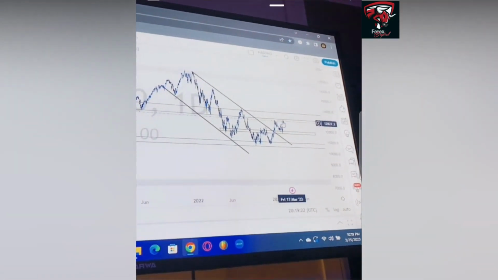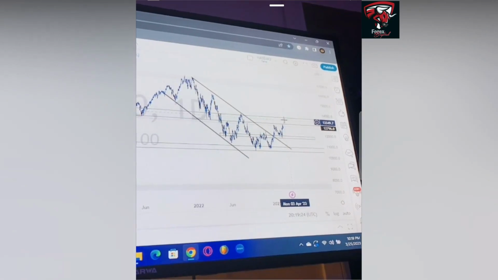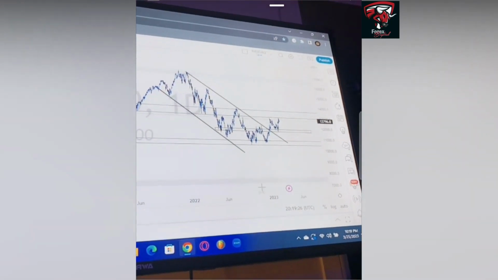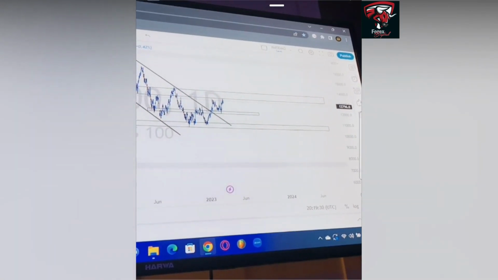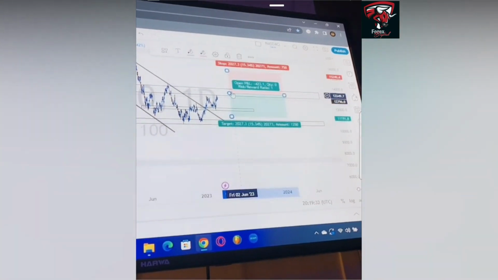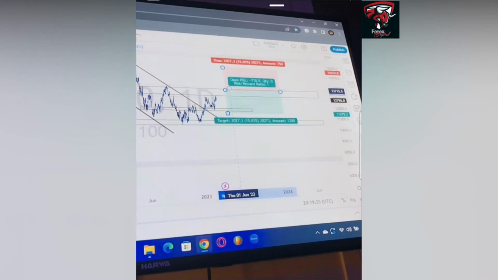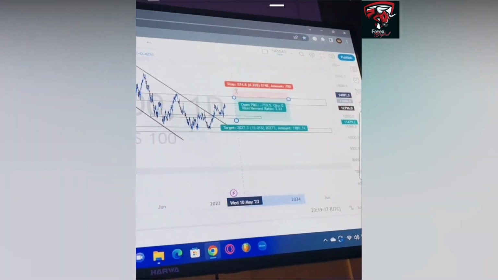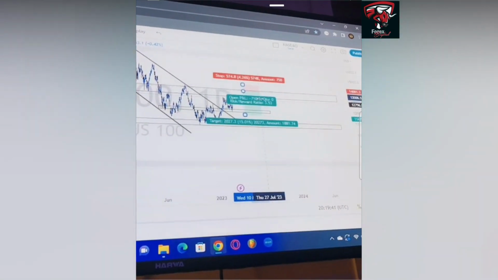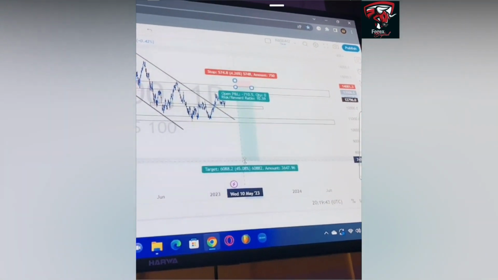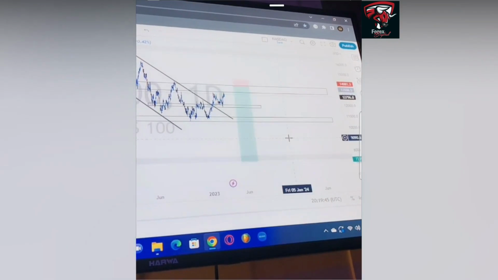Which is why we still need to buy for the market to get to this level and then sell. Because remember, our main aim is to have a trade like this. Our long-term trade is something like that.